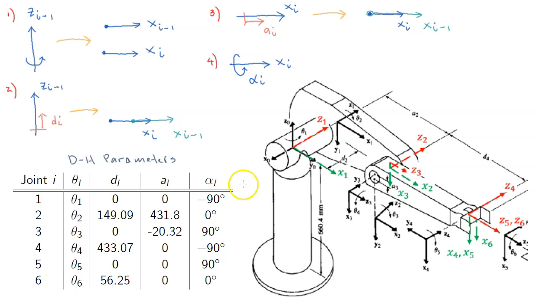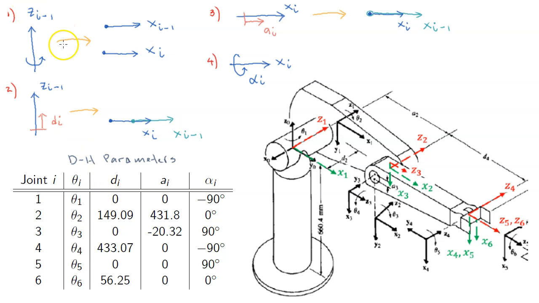So during operation, we have to substitute those actual angle values here in order to compute the homogeneous transformation matrices. But for now, to find the DH parameters, we can just leave the thetas as theta 1 up to theta 6.